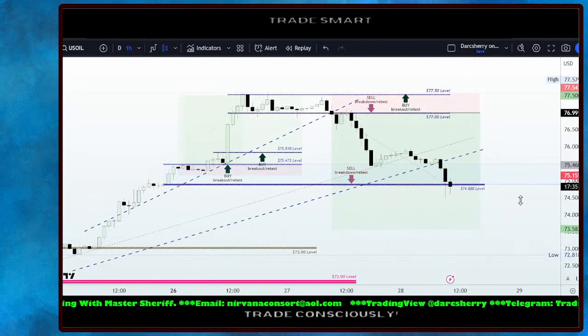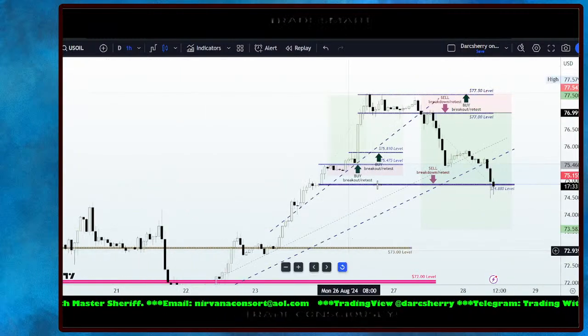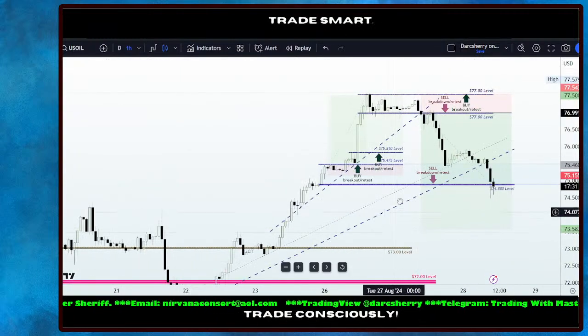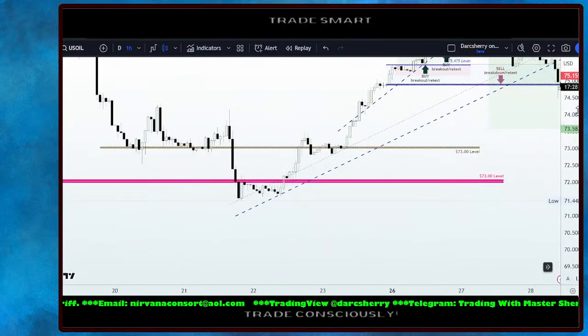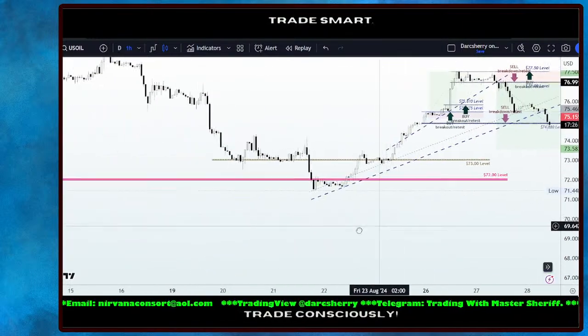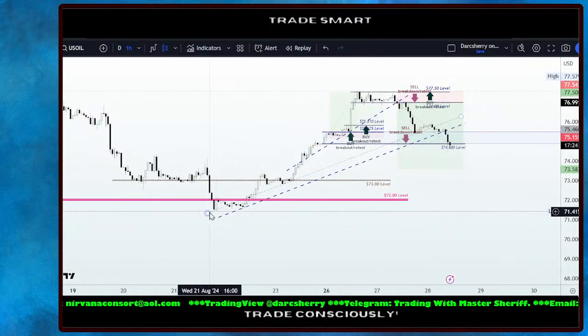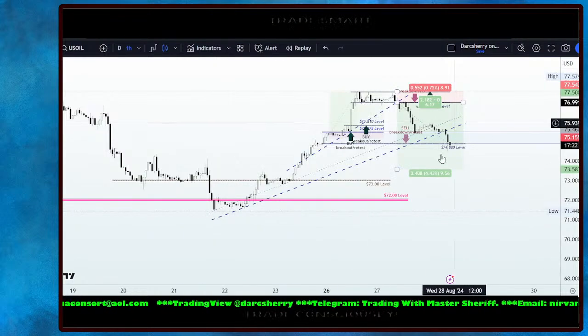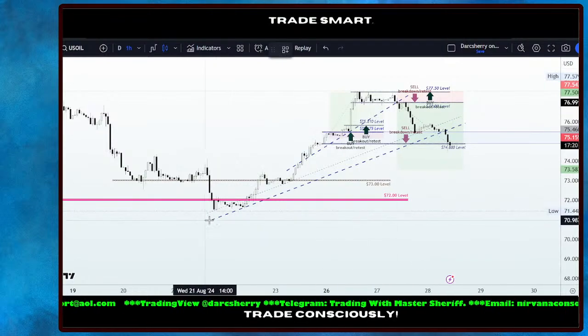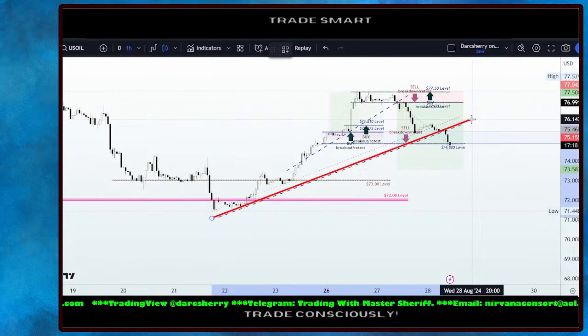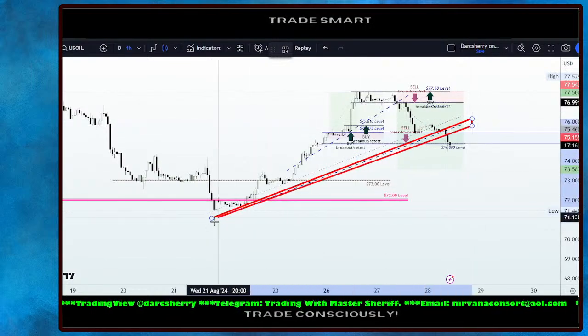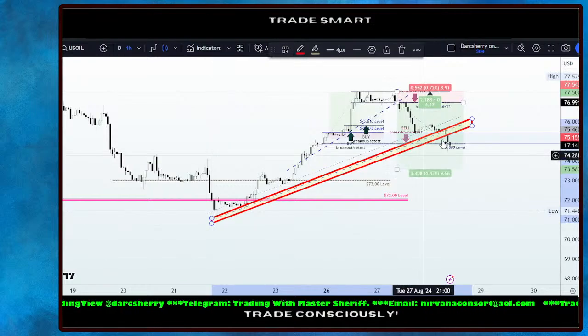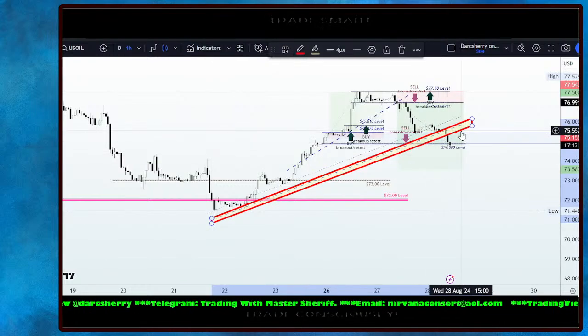Now, in addition to that, one thing that we're also going to look at here, if we take into account what has been going on in the last couple of weeks, you can see we have an ascending trend line here after connecting the series of highs and lows. But one thing about the trend line here is the fact that price action has broken down this trend line at this point in time.